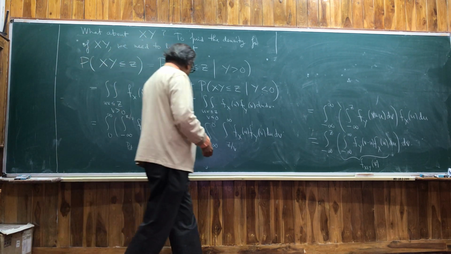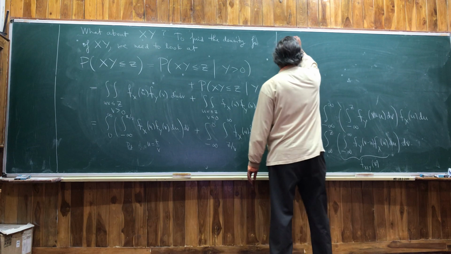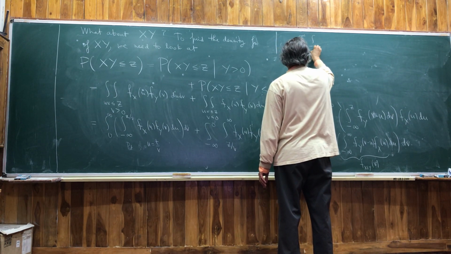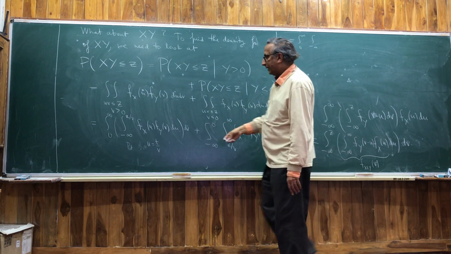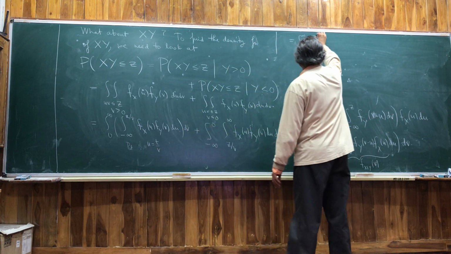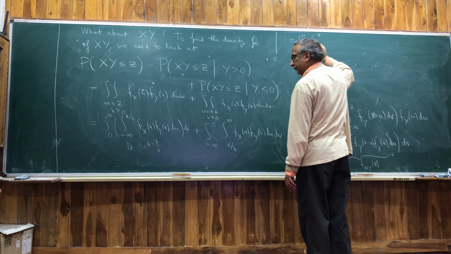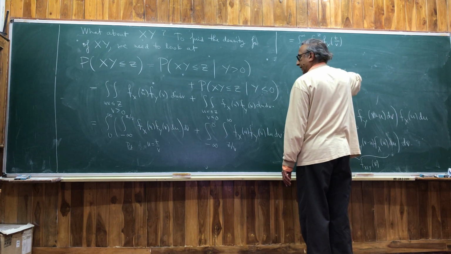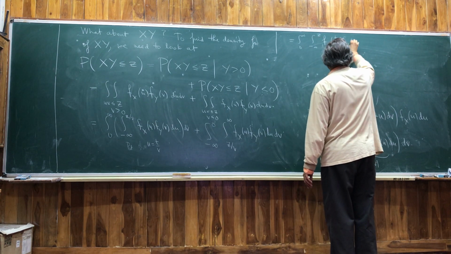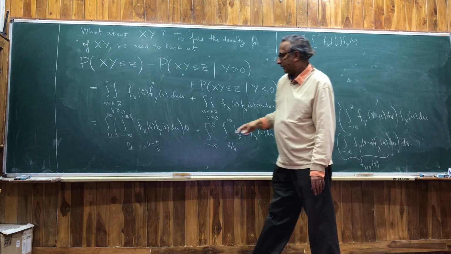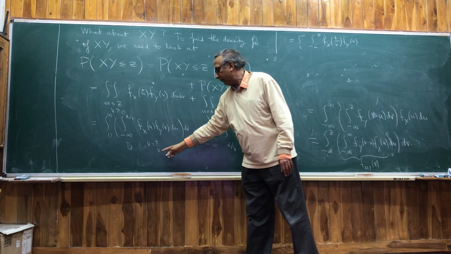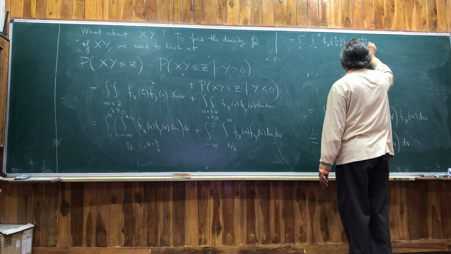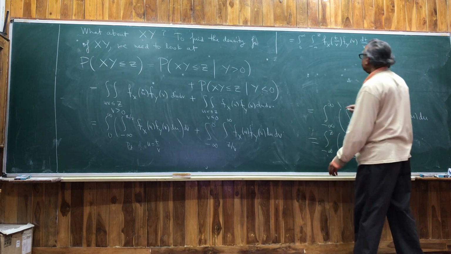So putting that, we get that the first integral is 0 to infinity of the integral from minus infinity to, well, t is going up to z. And so I put u equal to t over v, so it's f_X(t over v), f_Y(v) stays the same, du is dt over v, and then dt. That's the first integral.